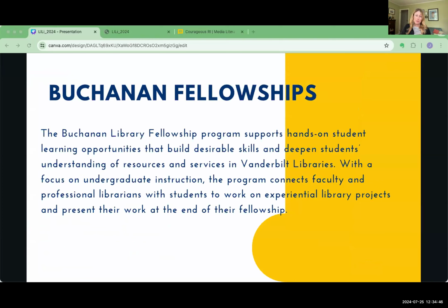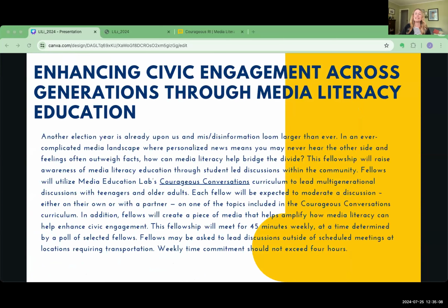At Vanderbilt Libraries, we have this Buchanan Fellowships program, which gives librarians a lot of flexibility to develop a seminar-style course that provides experiential learning around library resources and services. So my fellowship was enhancing civic engagement across the generations through media literacy education.